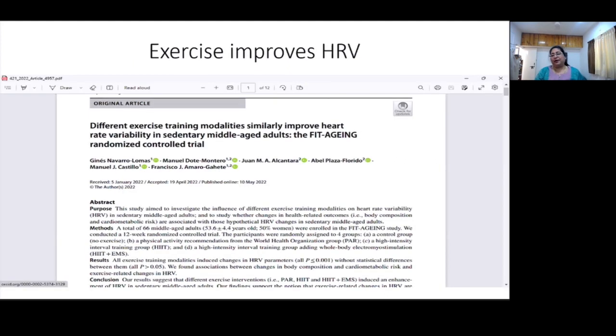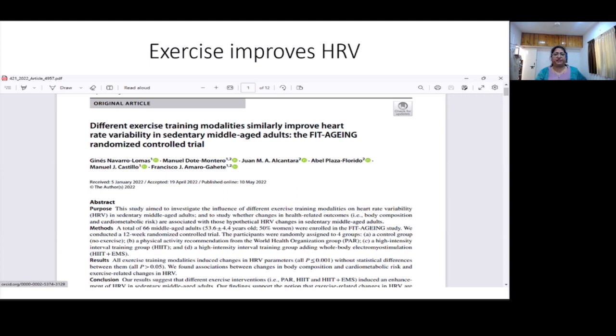There are a lot of studies already done showing that exercise improves HRV. One original article, a meta-analysis of randomized control trials, has shown that all kinds of exercises, different types of aerobic exercises, improve HRV over a period of time.